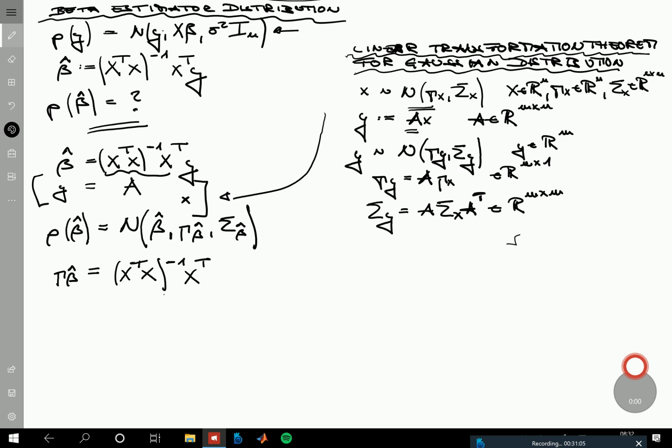Here it says we should use the expectation vector of the original random vector that we are transforming. And now the original random vector that we're transforming is our y, our data. And what is the expectation parameter of y? If you look at this here. Exactly. So that would be our mu x here. And then we see that we have (X^T X)^-1 times X^T X. So what does that give us?